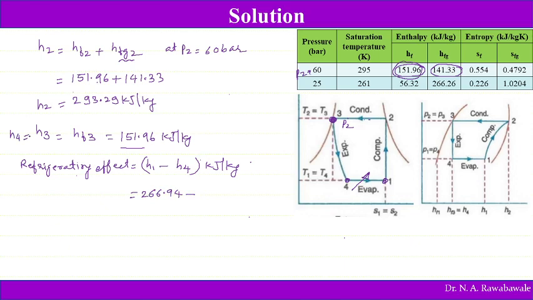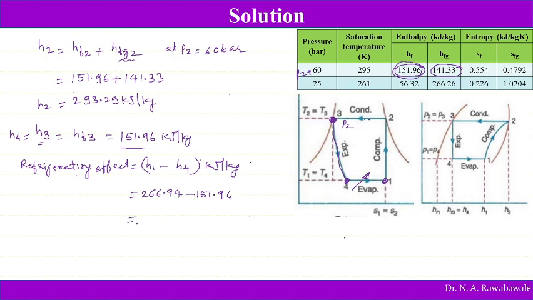H4 is equal to H3, because enthalpy at point 4 is equal to enthalpy at point 3, because this is a throttling process. 3 to 4 is a throttling process, where the enthalpy before throttling is equal to the enthalpy after throttling. So H4 is nothing but H3, and that H3 is 151.96.